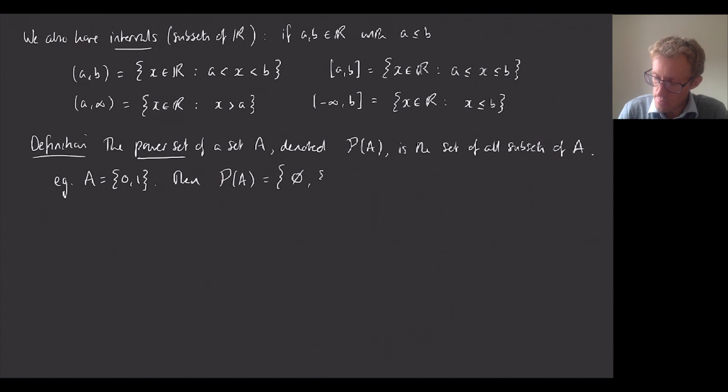So we could have a subset which just contains 0, or a subset which just contains 1. Or we could have A itself, the set containing 0 and 1. And those are all of the subsets of A in that case. You might notice there's an instance of the binomial coefficient showing up here. There was one subset that contained no elements, there were two subsets that contain 1 element, and there was one subset that contains 2 elements. This was like n choose k.